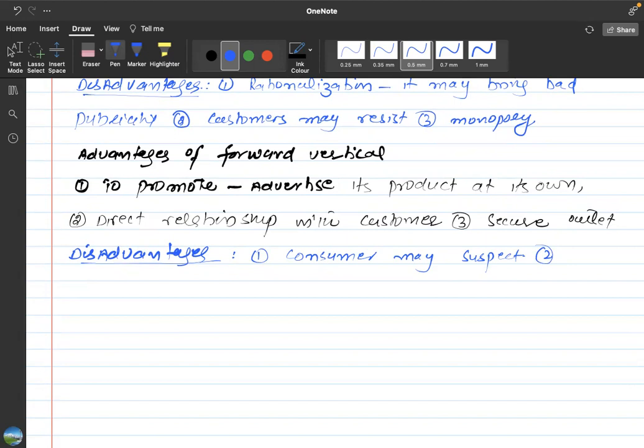And then the lack of experience in operating in the tertiary sector might lead to failure. Lack of experience in tertiary sector.